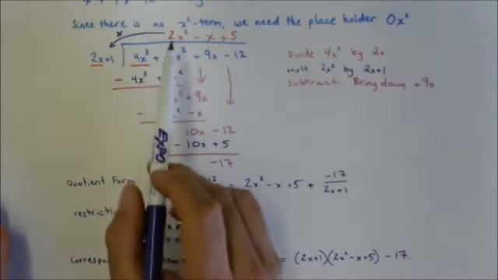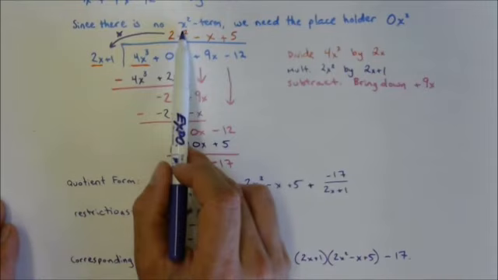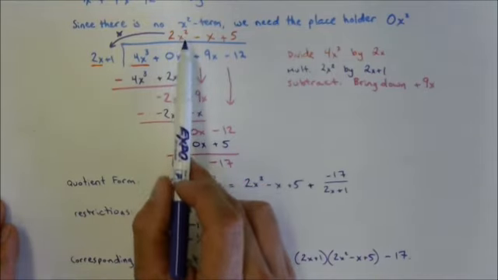Again, you just need a placeholder if you're missing a term. If you're missing two terms, you need two placeholders.